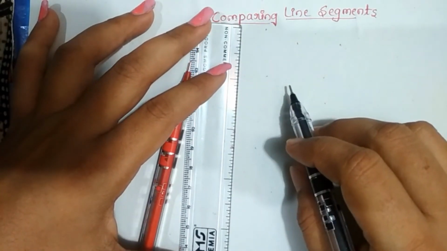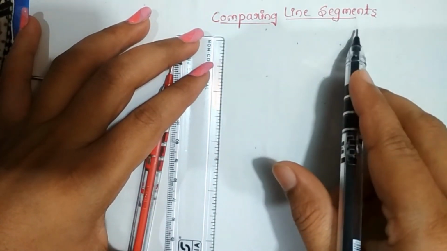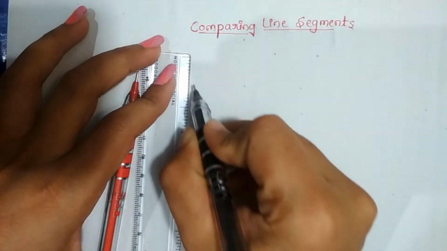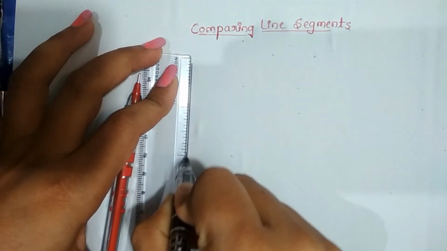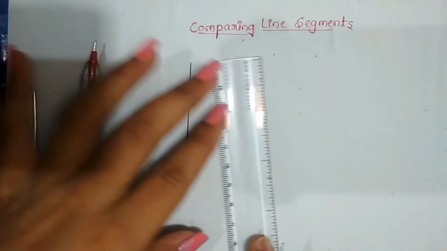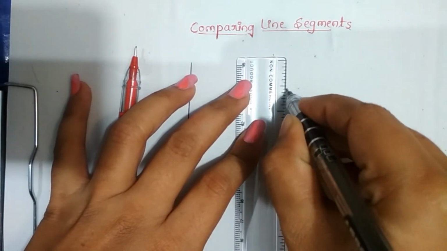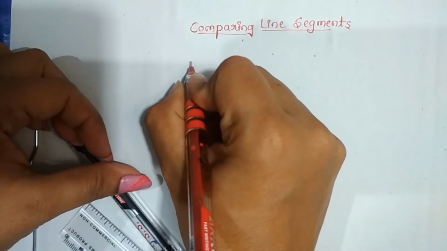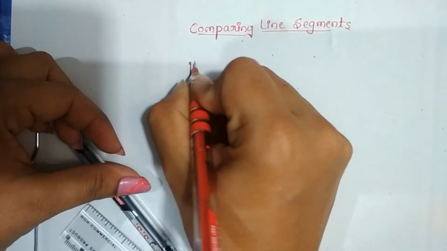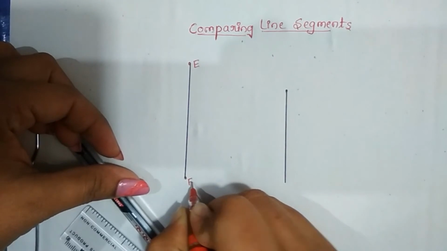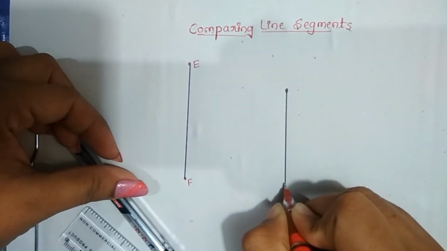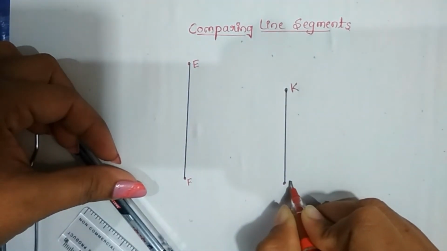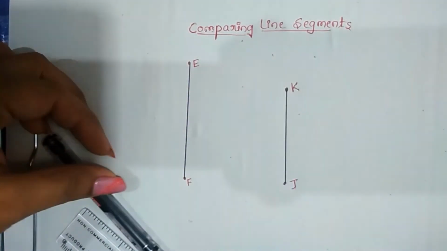Now the next point is comparing line segments. How we will compare the line segments, we will learn now. If I have 2 lines here, now I can name these 2 line segments as one is EF, and another is JK.